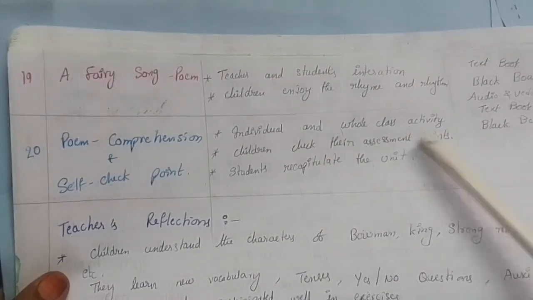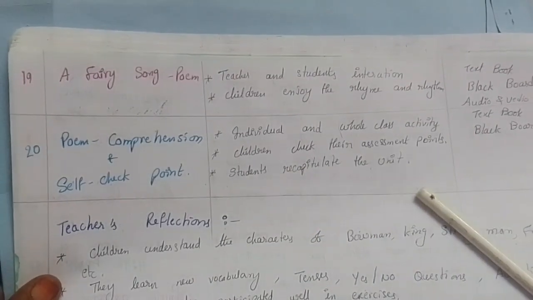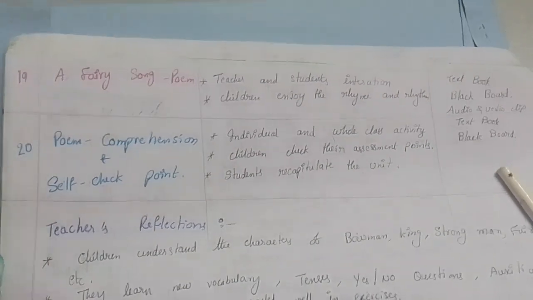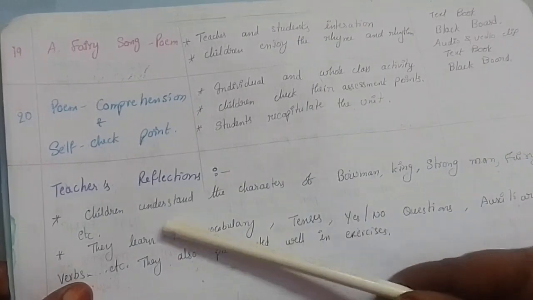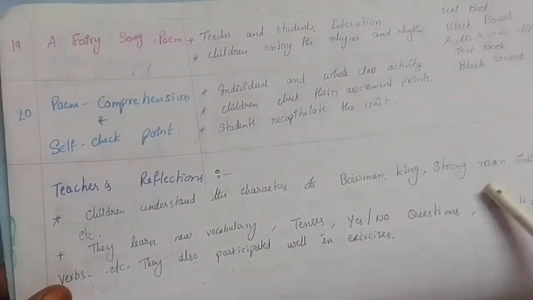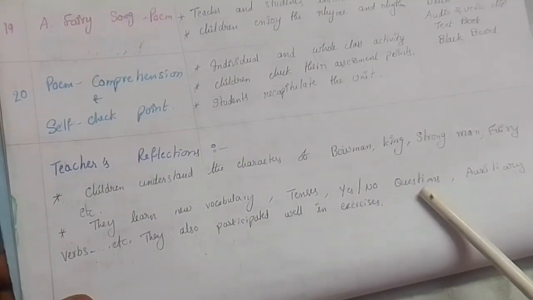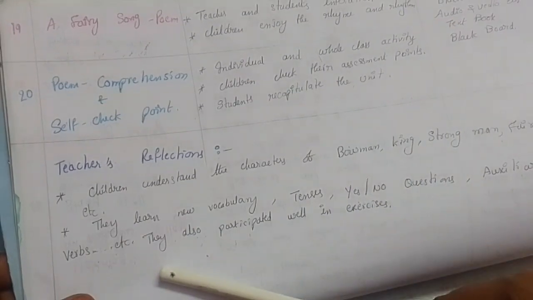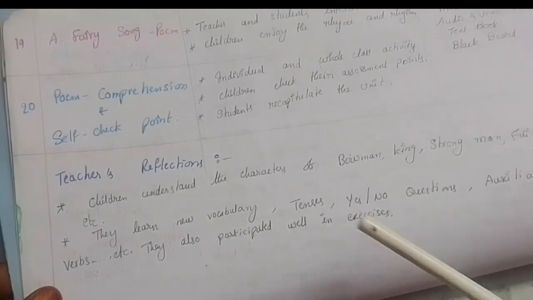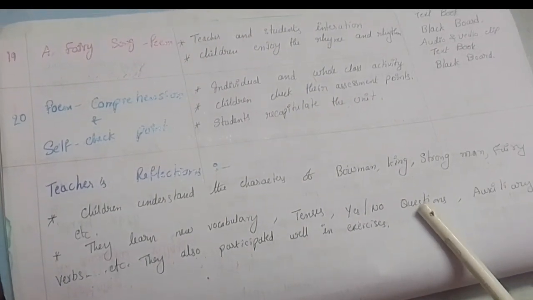Individual and whole class activity. Children check their assessment points. Students recapitulate the unit. We use the TLM textbook, blackboard, etc. Finally, teacher's reflections. Children understand the characters of Bowman, king, strongman, fairy, etc. They learn new vocabulary, tenses, yes or no questions, auxiliary verbs, etc. They also participate well in exercises. So this is the 4th unit in 7th class English Blossom 7.